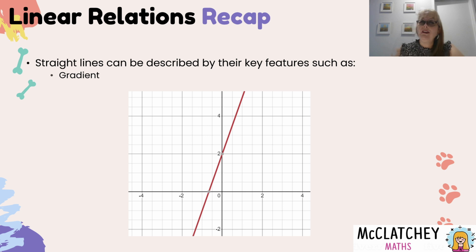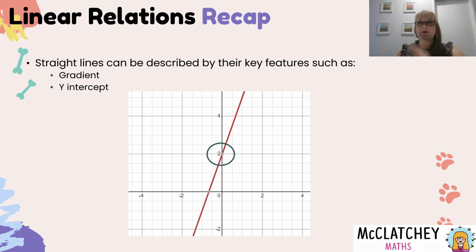Now we can describe a straight line by key features such as the gradient. The gradient is how slopey the line is. Is it a steep slope, or is it a slope that points this way, or a slope that points that way? That's our gradient. We've also got something called our y-intercept, which is where the line cuts through our vertical axis, the y-axis, and it's cutting through in that spot there.